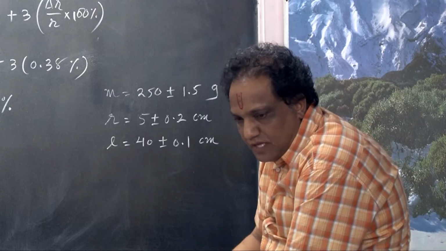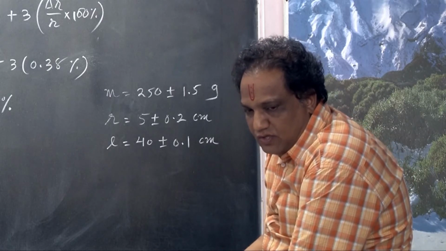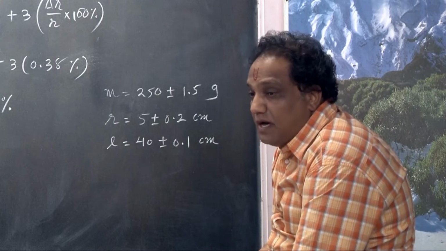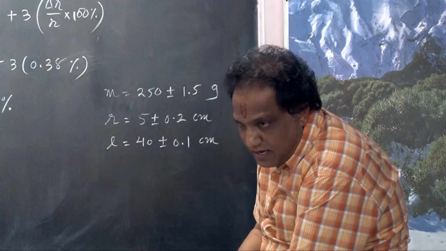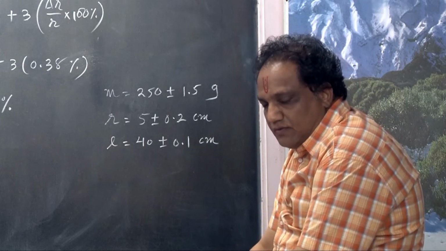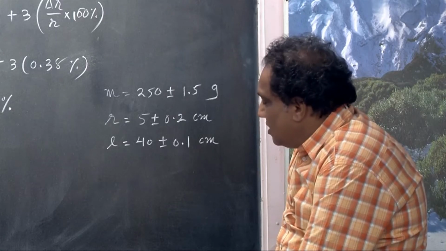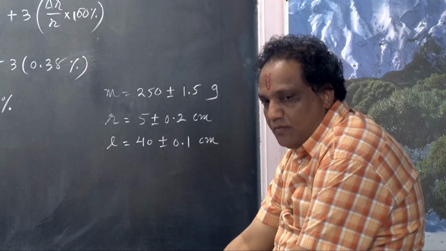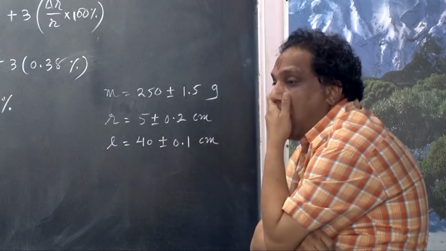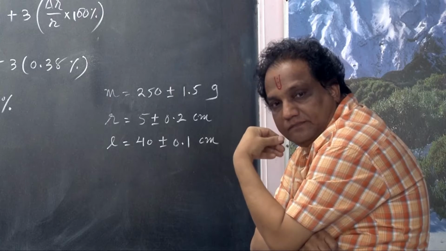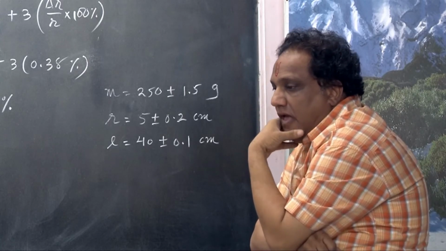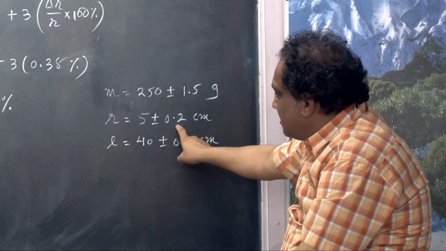Then you know what to do. Delta rho upon rho equals delta m upon m plus 2 times delta r upon r plus delta L upon L. Multiply each term by 100% later on, not right now. First of all, find out delta rho upon rho. Delta r is this, r is this.